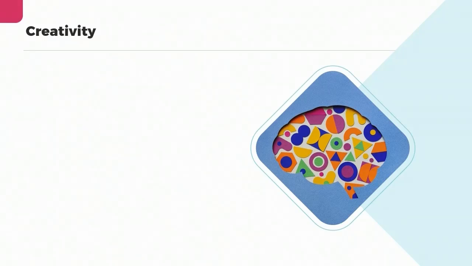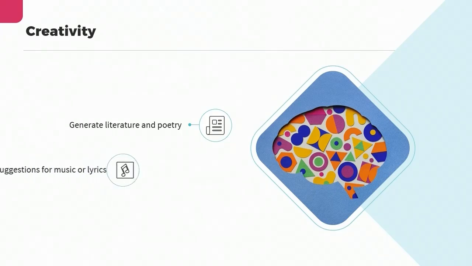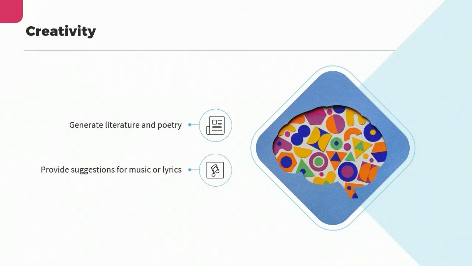In addition to these commercial use cases, ChatGPT can also be useful to augment human creativity. Its ability to generate creative and thought-provoking pieces of literature and poetry can be used for a variety of purposes, or as a starting point for creative exploration. By analyzing patterns and themes in existing music, ChatGPT can provide suggestions for pieces of music or lyrics, for example.